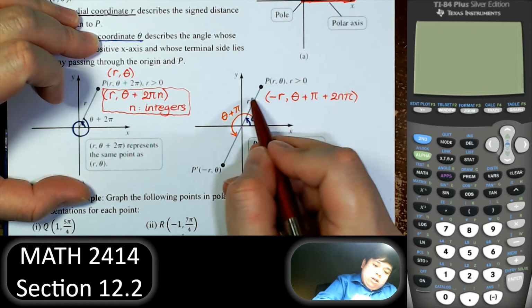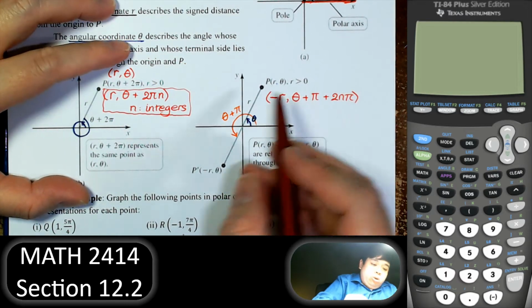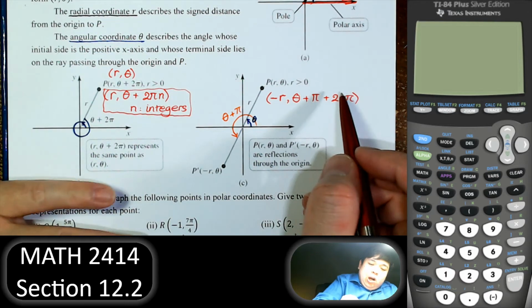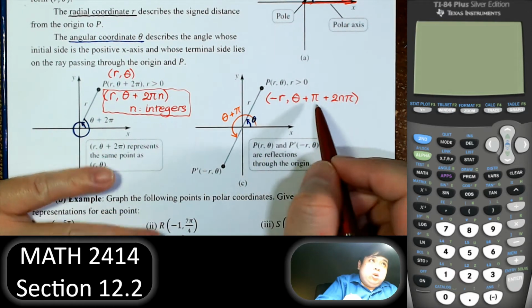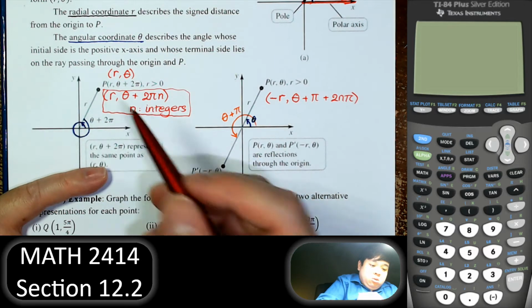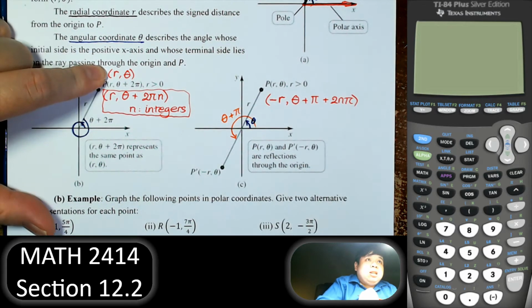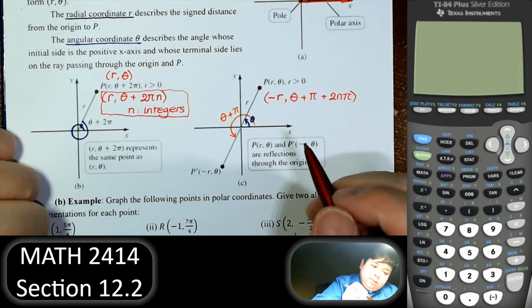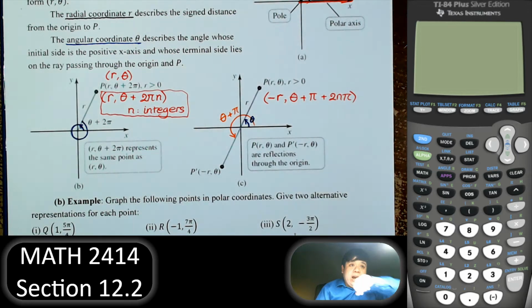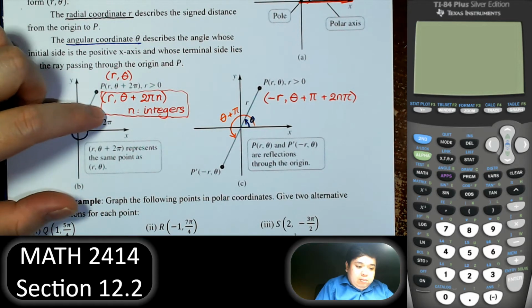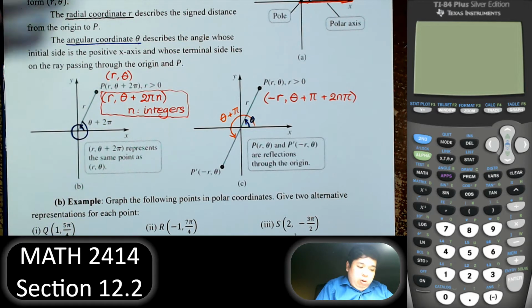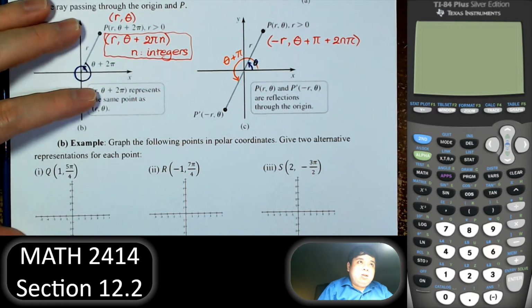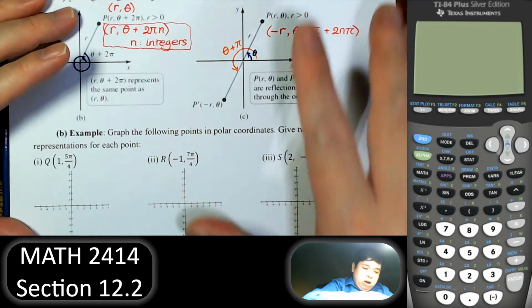So all the points in this representation will be the same as this representation and the same as that. Right. And usually we define r to be positive. Regardless, this should not even matter. Opposite r will go in the opposite direction.